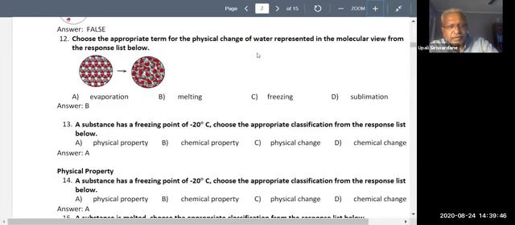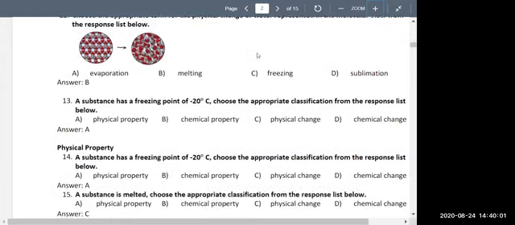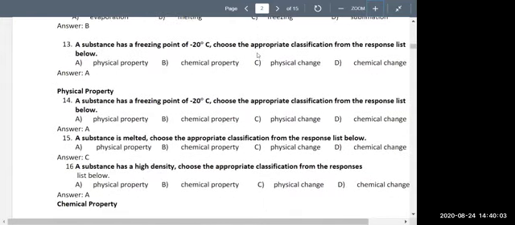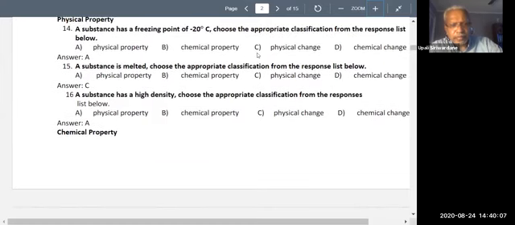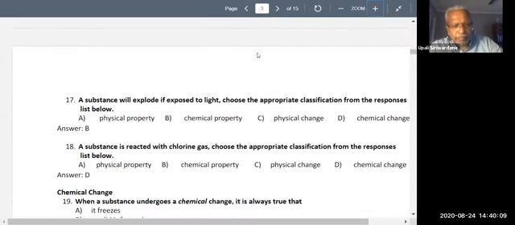Ice going to water. Is ice going to water melting or freezing? Melting, right? Yes, melting. So you go through this carefully. Chemical properties, physical properties, substance, process.